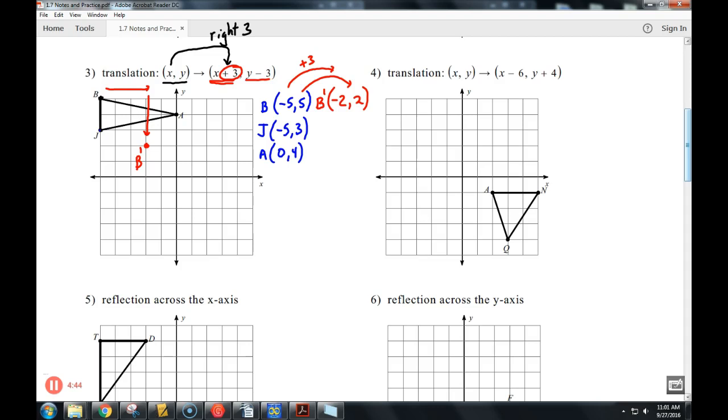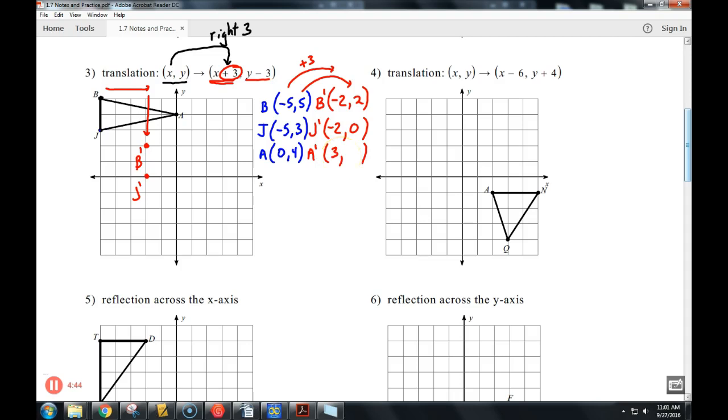So let's go ahead and finish out these points. So -5, I add 3 to it, I get -2. The y value, 3 take away 3 is 0. So I'm going to go -2, 0. And this is my new J. And my new A is I add 3 to 0, which gives me 3.